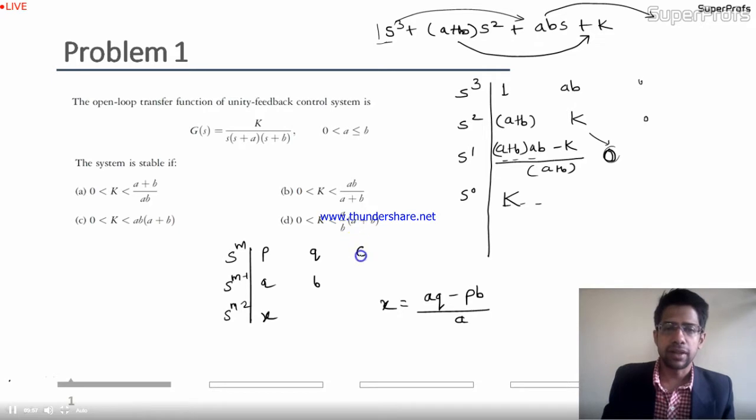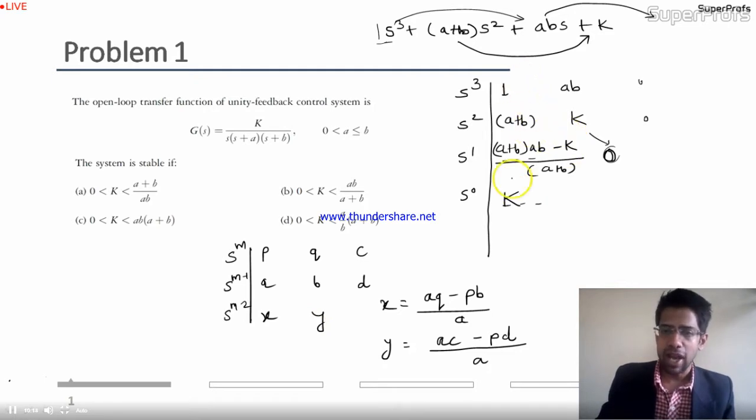This is then C and D. You need to find Y. Y would be A into C minus P into D, divided by A again.